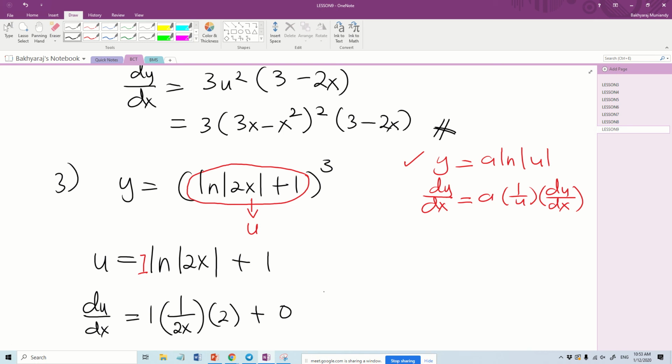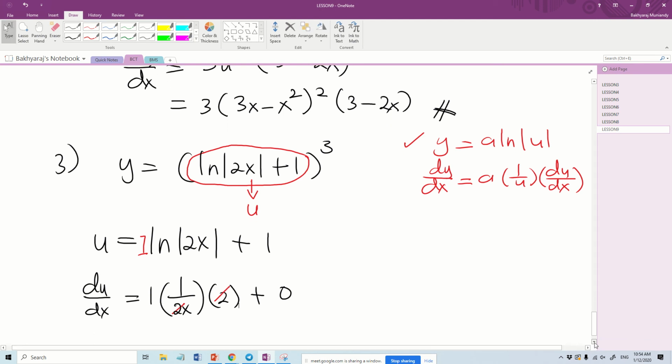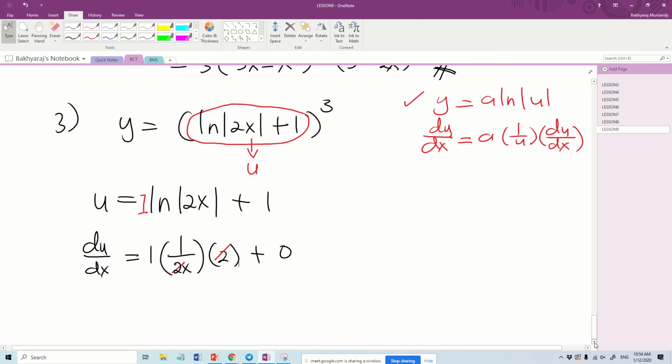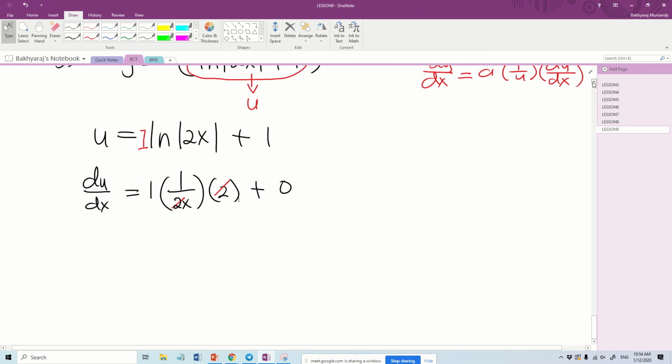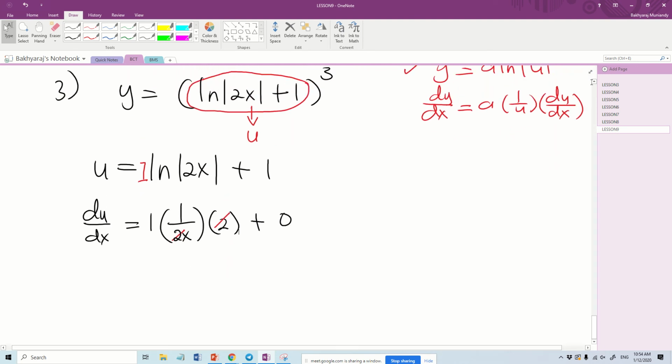Okay, that's the error, because when you differentiate 1 it becomes 0, right? So once you get 0, then you can cancel this. The 2 you can cancel, so you get 1 over x.